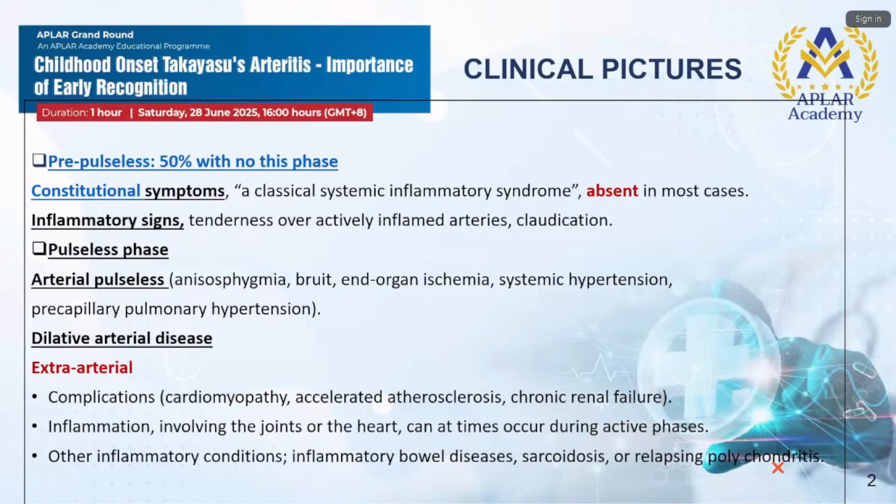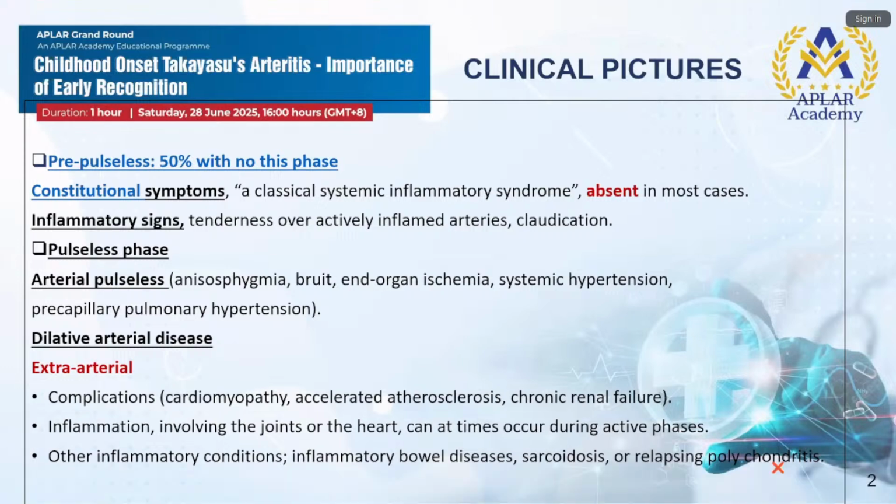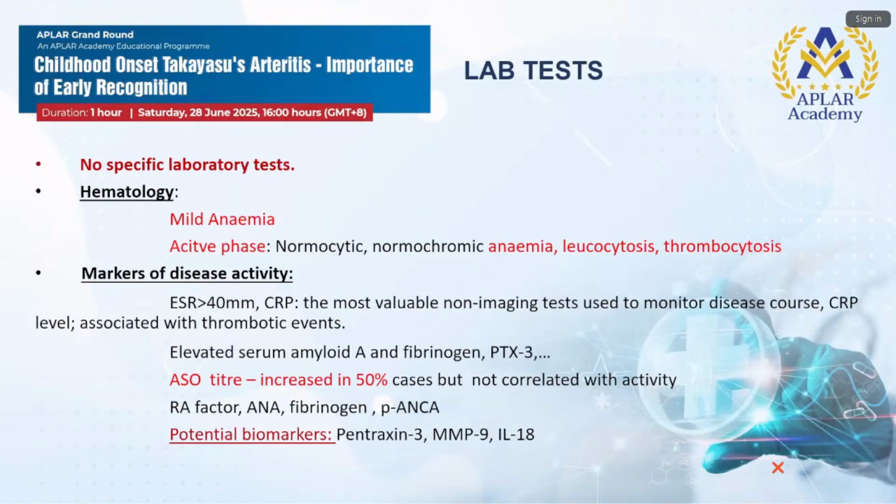But in the pulseless phase, we can see the patient has symptoms of absent arterial pulse and dilated arterial disease, also hypertension because of complications of vasculitis, and sometimes the patient has other inflammatory conditions such as IBD, sarcoidosis, or relapsing polychondritis.